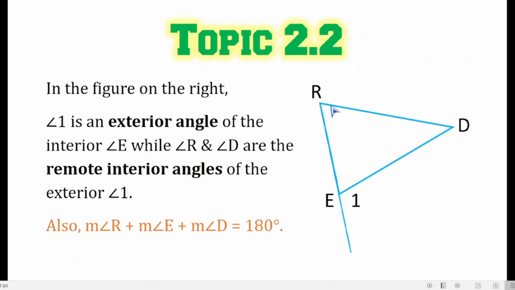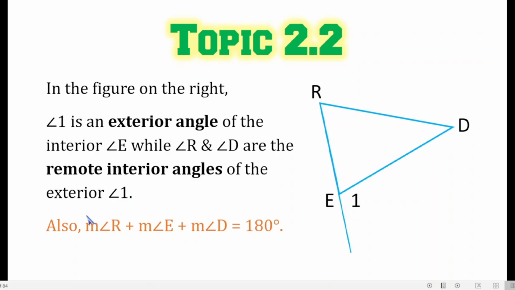While R and D, these two are the remote interior angles of the exterior angle. Remote means far, non-adjacent. As you can see, angle R and angle D are far from the exterior angle 1, while angle E is adjacent to exterior angle 1.